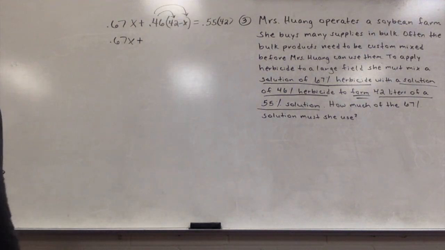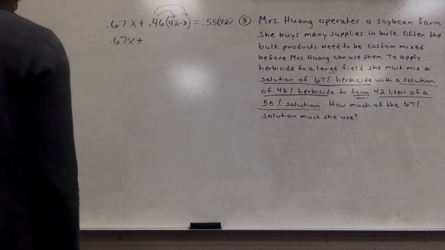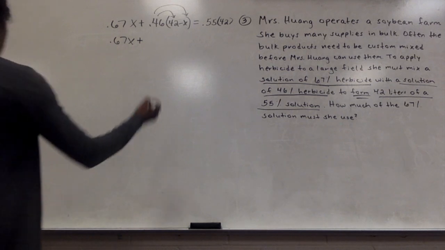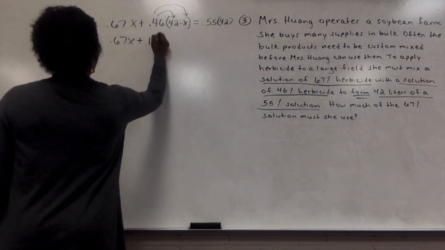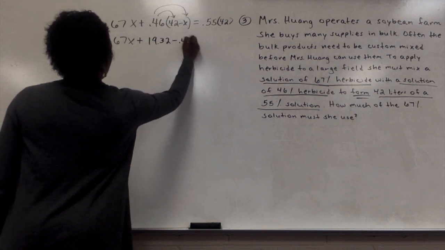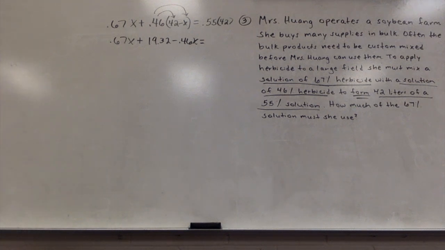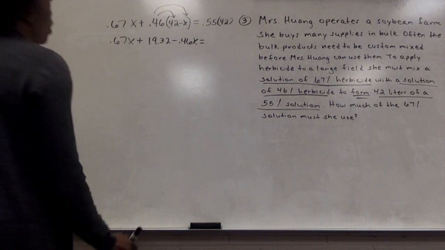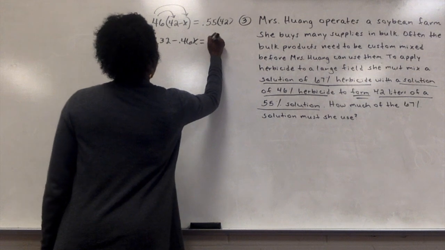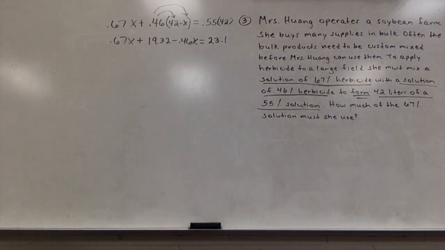So at this point, if you want to get your calculator and multiply all the way out, you can do that as well. We're going to get 19.32 minus 0.46x. And when we multiply 0.55 times 42, we get 23.1. Now, on this step here, we're going to add like terms.